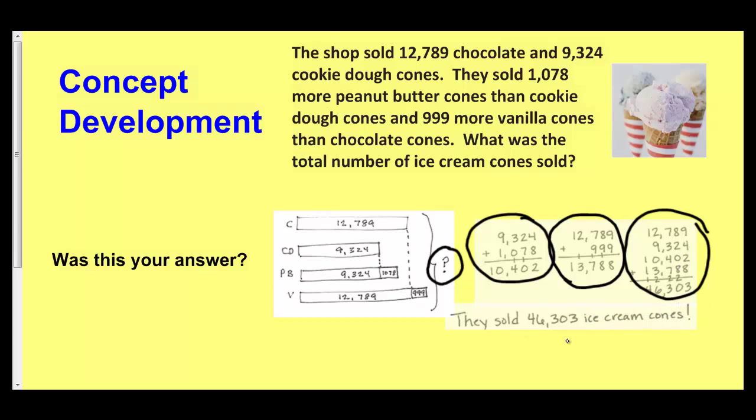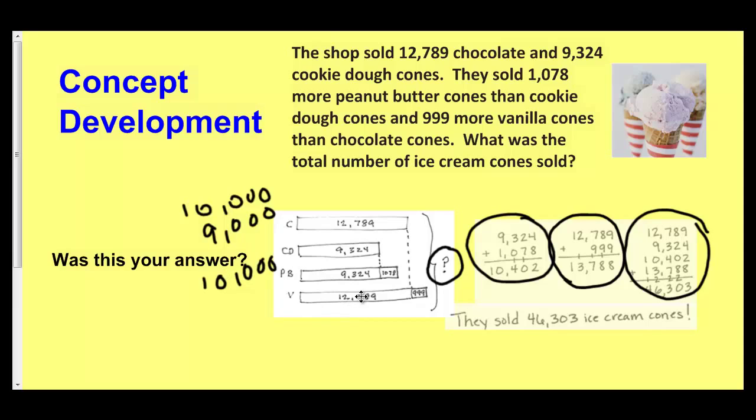Now, it does not show where I checked for reasonableness. I could do this very quickly. I would round and say 10,000 chocolate cones, 9,000 cookie dough cones, and for peanut butter, 9,000 plus 1,000, so that's going to give me 10,000 peanut butter cones.